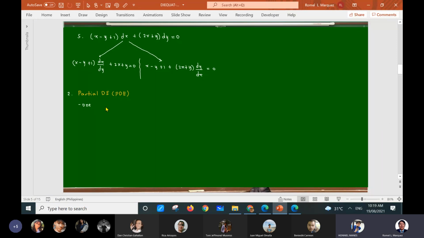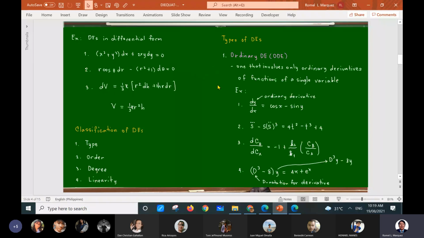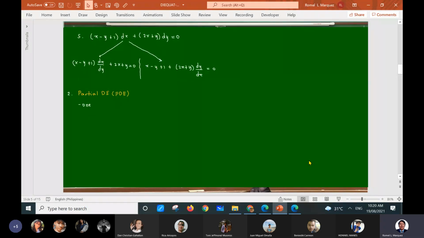This also contains multiple variables, x and y, and even this equation involves multiple variables, but this is considered an ordinary differential equation. So what is a partial differential equation?